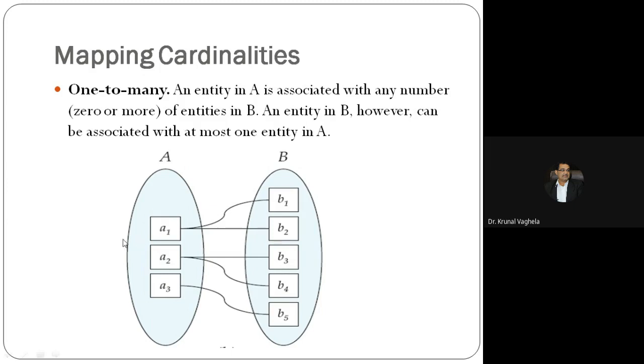So for example, A1 is the customer. Customer has accounts B1 and B2. A2 is the customer. It has B3 and B4. If I create a bank database and the bank requirement is that a customer can have multiple accounts, then yes. A3 has one account. But the reverse is not true. I cannot have a joint account.